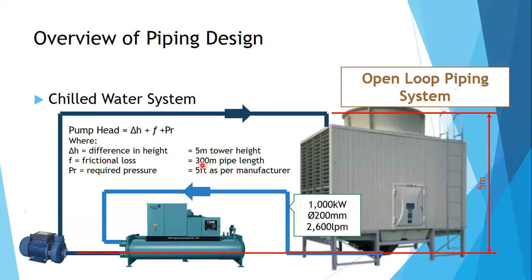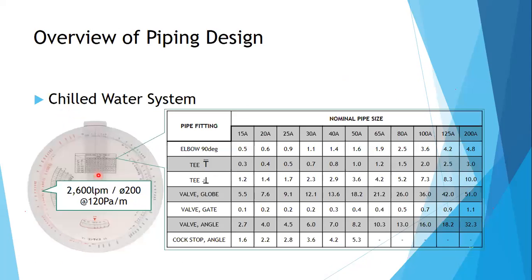However, this 300 mm is not straight pipe. It has bends, it has T's, it has elbows. So what is the pressure loss on those fittings or pipe fittings? These are the nominal pipe size and common pipe fittings. For example, on your 200 mm pipe size, you have one elbow.